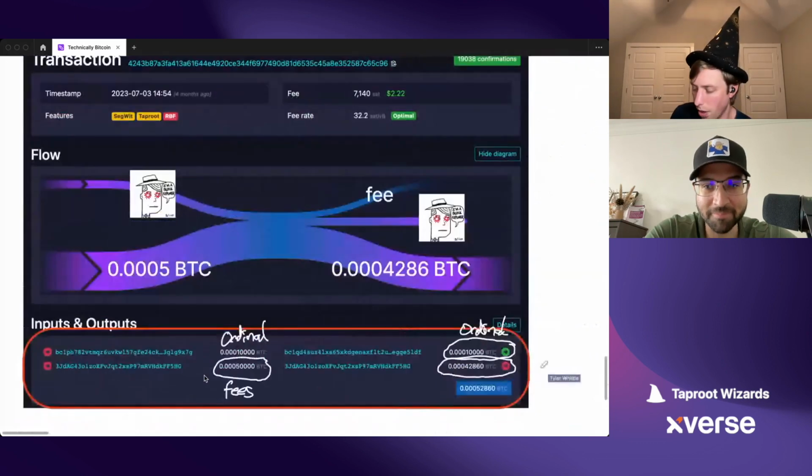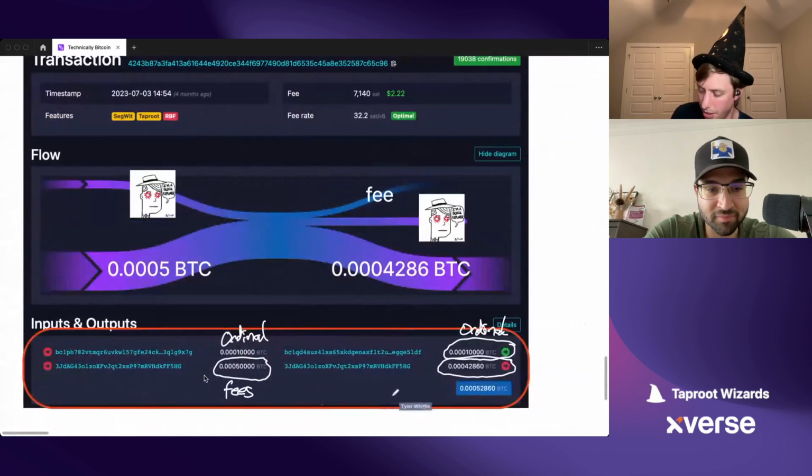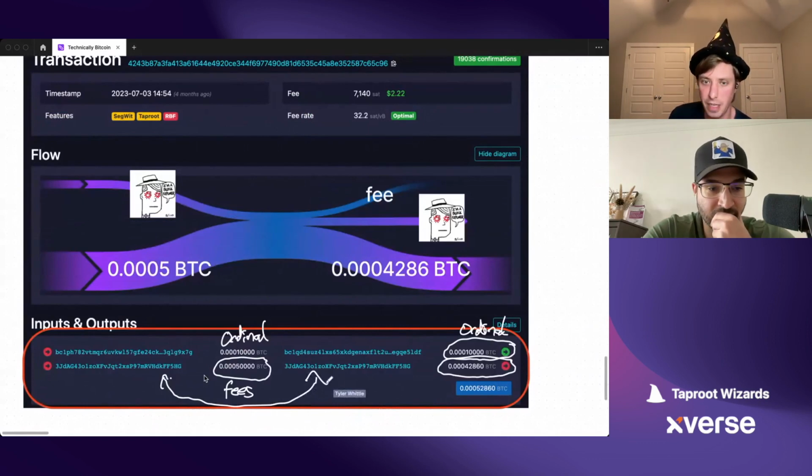And so we're taking this 50,000 Satoshis, we're deducting a fee, we're sending that off to the miner. And then the last thing to notice here is that these two addresses are the exact same addresses, right? So this is just some type of fee wallet that I'm using to pay fees.